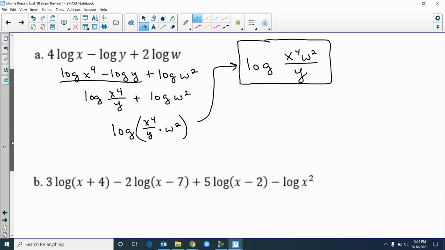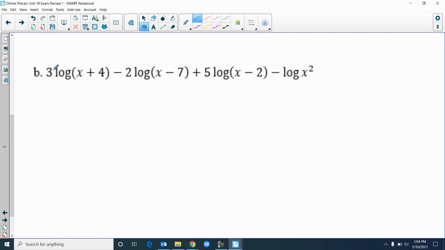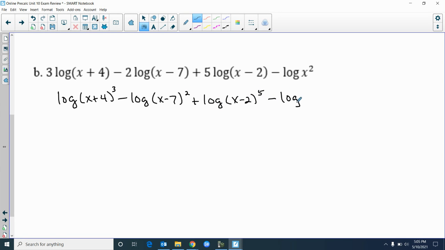Okay, for part B, 3, 2, 5. Those all will become powers. That becomes log of x plus 4 cubed minus log of x minus 7 squared plus log of x minus 2 to the 5th power minus log of x squared.